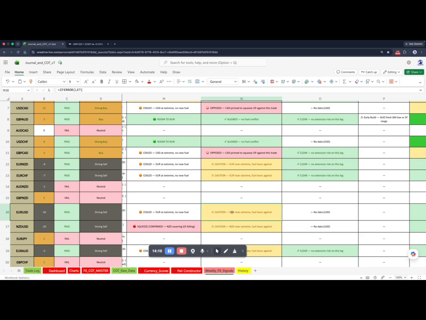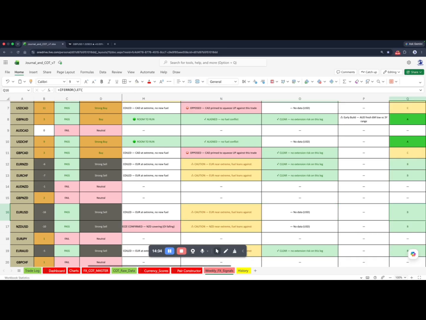There's no fuel to take it in a solid convictional direction. Doesn't mean you can't trade it. It just means at the moment, because of the net COT positioning, the data that's coming in, and also the open interest, it's not moving in any substantial direction. Okay. And we'll look at the Euro US chart in just a moment.